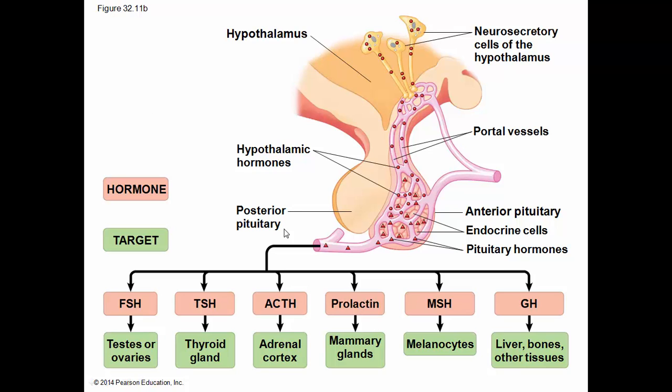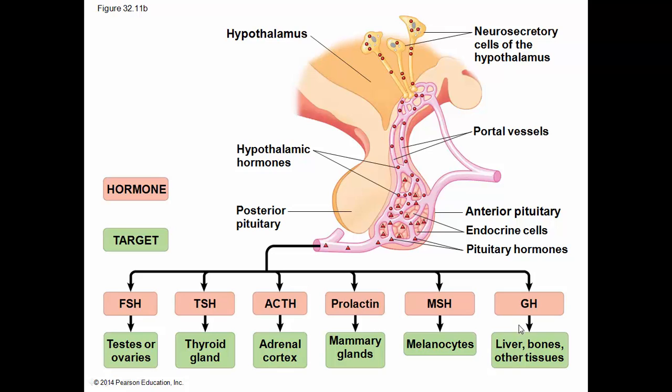So these are all the follicle-stimulating hormones, which affect the testes and the ovaries; thyroid-stimulating hormones, which affect the thyroid; adrenocorticotropic hormones, which affect the adrenal cortex; prolactin, which affects the mammary glands; melanocyte-stimulating hormones; and growth hormones, which affect the liver, bones, and other tissues.